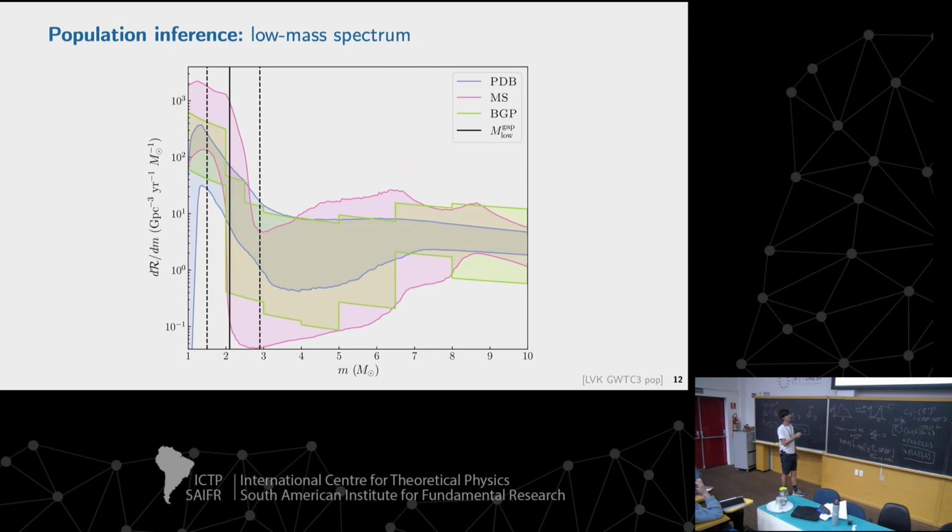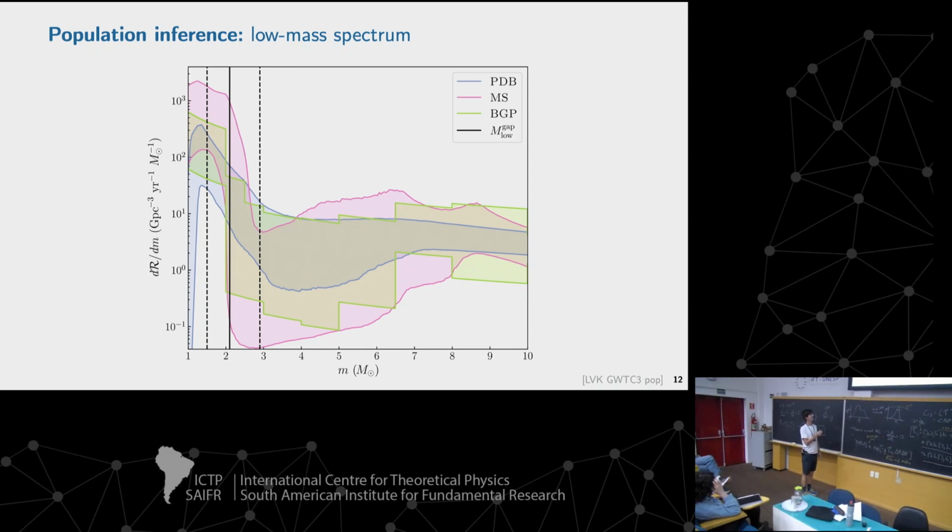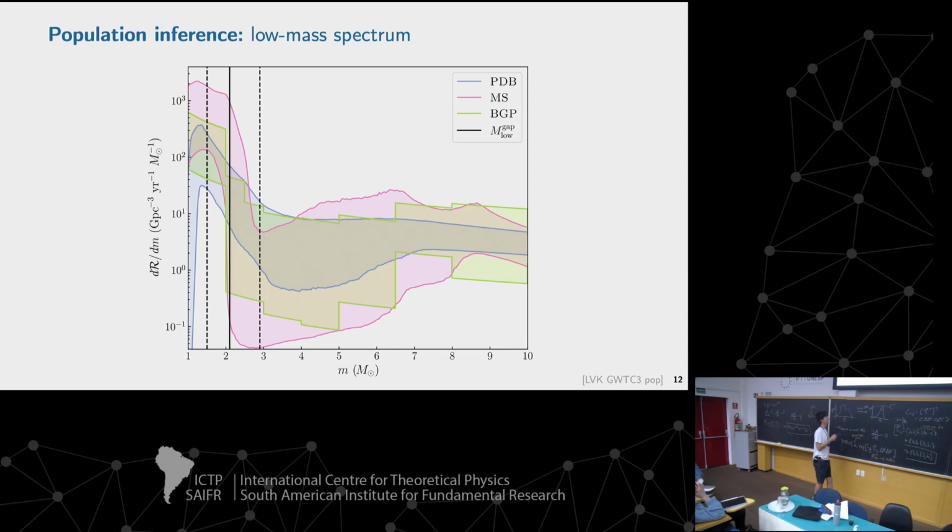Then it decreases, but later it's not so clear if it will decrease even more or if it's just constant. So this is something which is actively being researched. But what you can see here is that in principle, for most of the cases, the rate of neutron stars should be significantly larger than that of binary black holes.